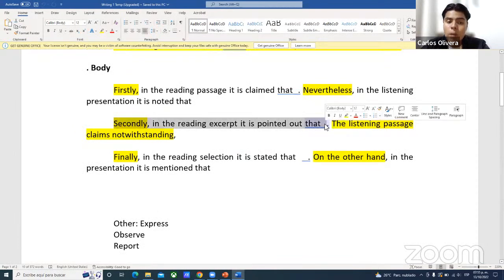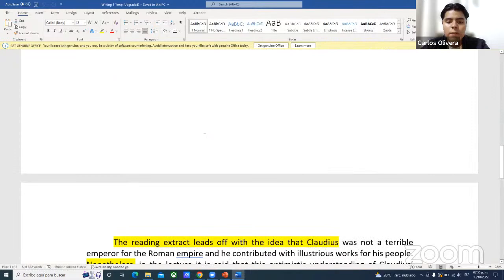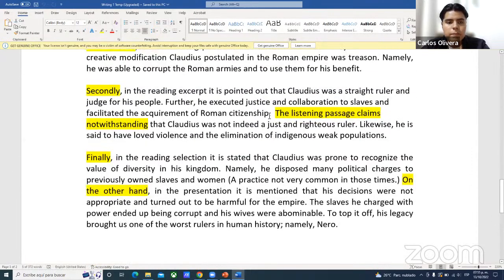Now, when we finalize our summary of the second point made in the reading passage, we contrast that with the listening passage. Notice my structure here. The listening passage claims notwithstanding, we're going to use that. Here we are.